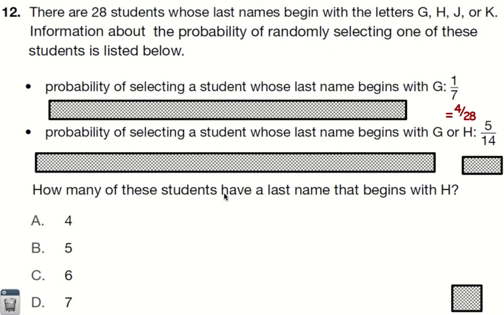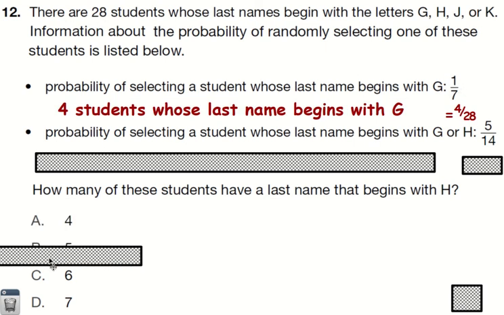Because the final question here is asking how many of these students have a last name that begins with H. So if the probability of getting G is 1 out of 7, that means 4 students have last names that begin with G, because these fractions are equivalent.